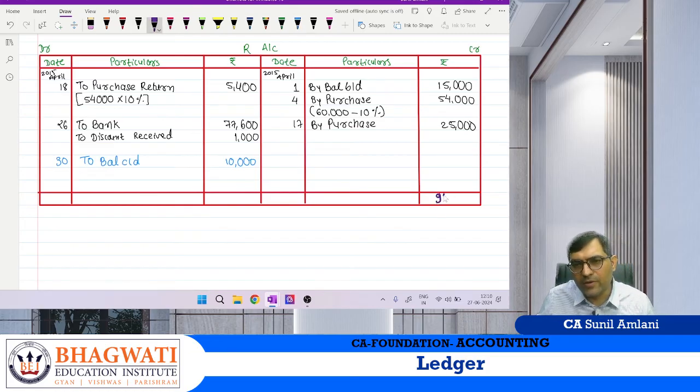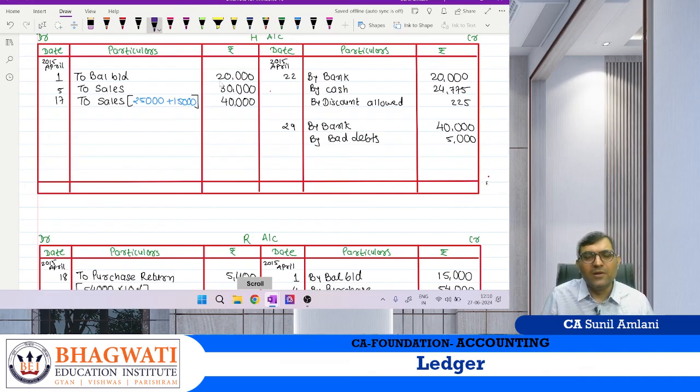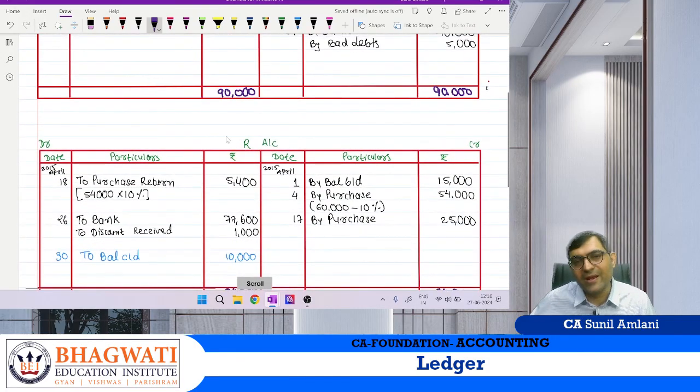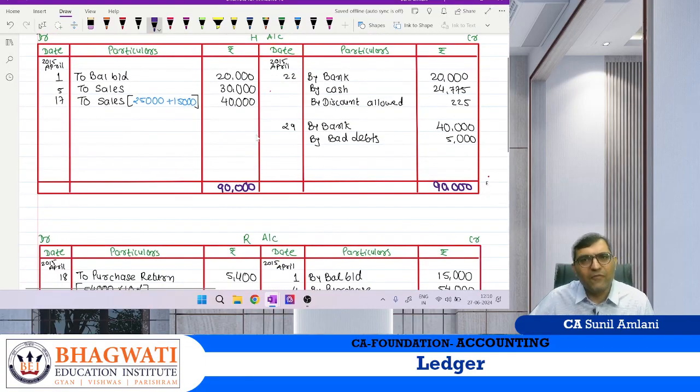So I'll put it here 94,000 and minus 5,400 minus 77,600 minus 1,000. So automatically you'll get what 10,000 here. 20, 30, 50 plus 40, 90,000, and it should match because now there cannot be any balance left after this valid entry. So this was your simple question, and this kind of question they can ask from ledger for let's say 5-6 months. Okay.